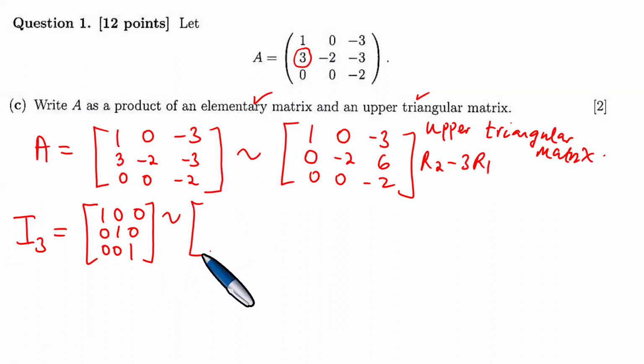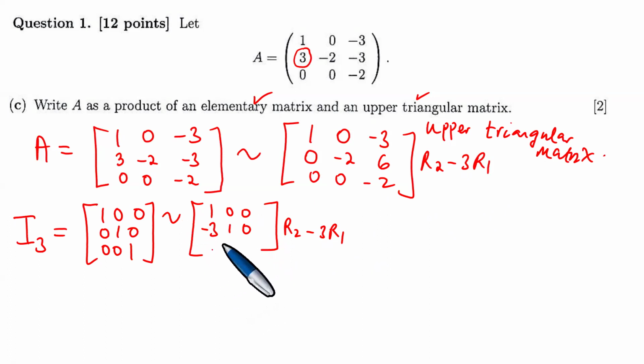We try to get the elementary matrix through row reduction. And at this point, realize that this is the operation we applied: row 2 minus 3 times row 1. With that, that means we'd have 1, 0, 0, and then minus 3, 1, 0, and 0, 0, 1. So this is what we're going to have here.